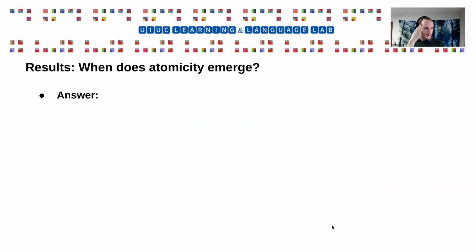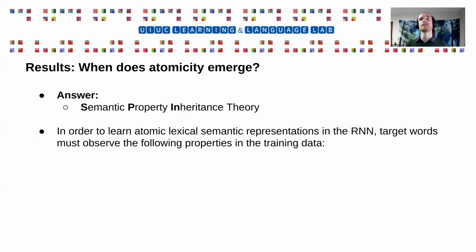And so based on extensive simulations of this kind, I have developed a language-agnostic set of principles to answer the question, when does atomicity emerge? The answer is semantic property inheritance theory, or SPIN theory for short. And the idea is quite simple. If you're interested in learning atomic lexical semantic representations in the RNN, and you're interested in a particular set of target words like 700 nouns, or whatever, these target words must observe the following properties in the training data.